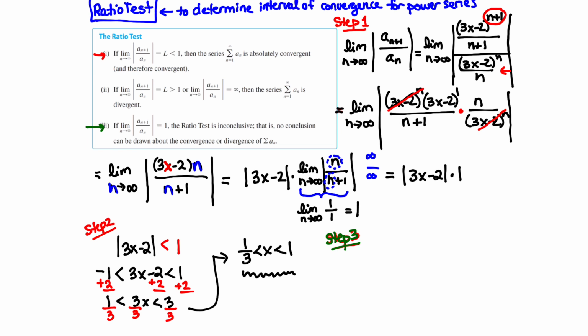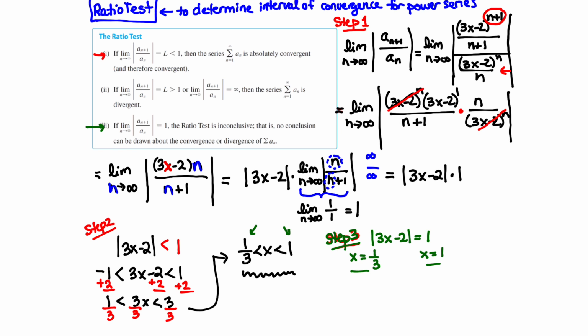And so what that means to me is I have to ask, what happens when 3x minus 2 equals 1? Well, that happens when 3x minus 2 is 1 or negative 1, or in other words, when x is at my 2 endpoints over here on my interval.